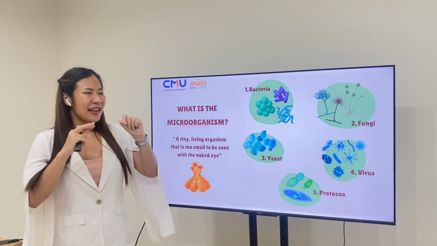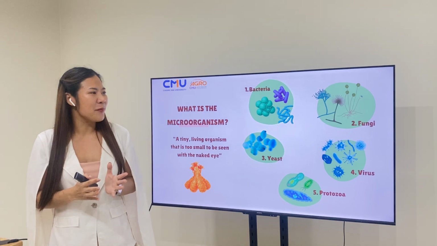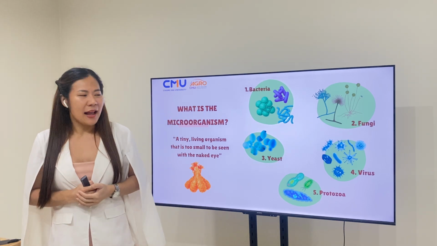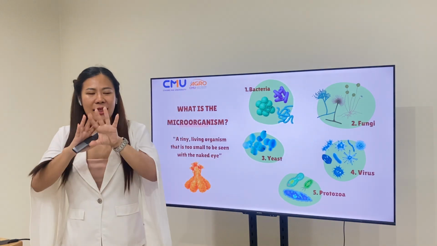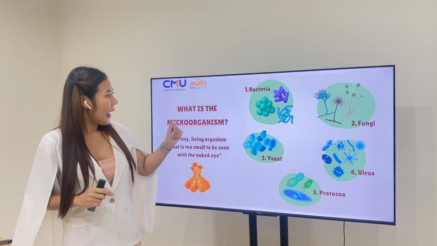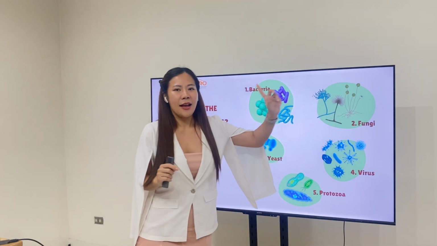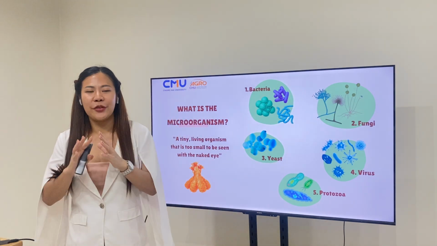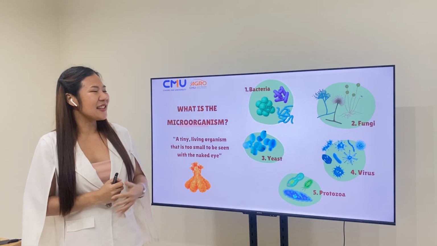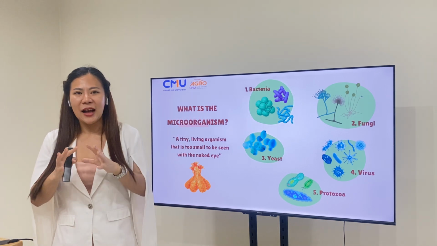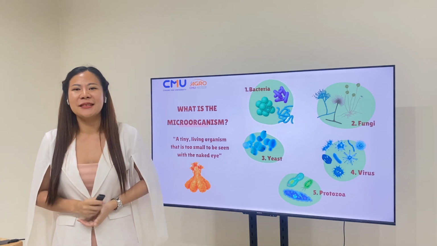The kingdom of fungus consists of unicellular and multicellular organisms. The molds are categorized by their spore forming. For example, Penicillium has a spore like a brush, Aspergillus has a spore formed like a water sprinkler, and the last one is Rhizopus. The spores are sphere-shaped.